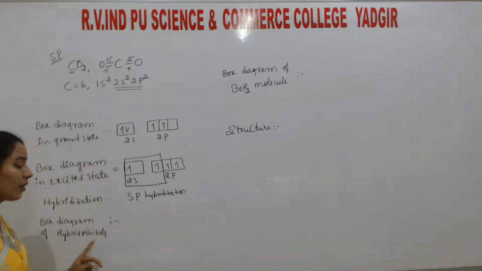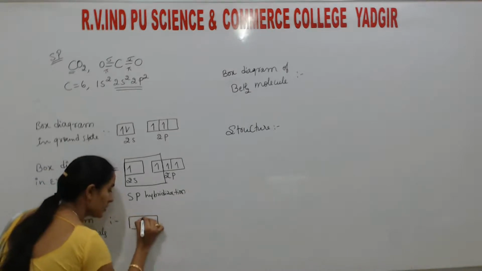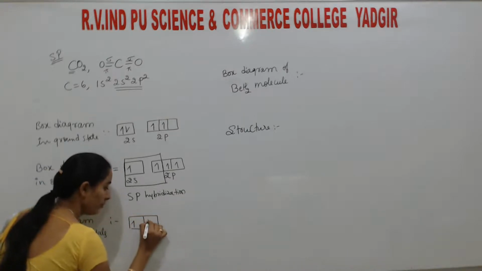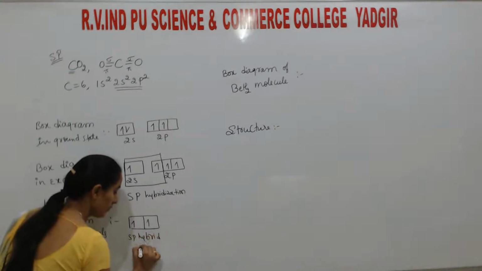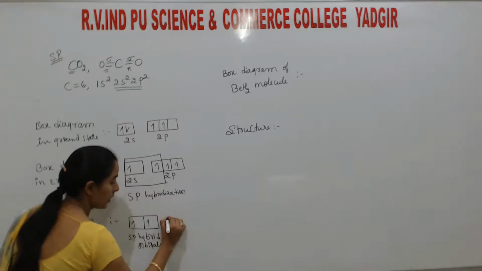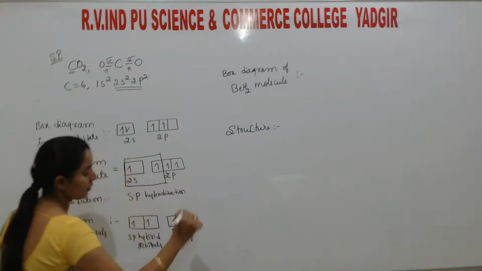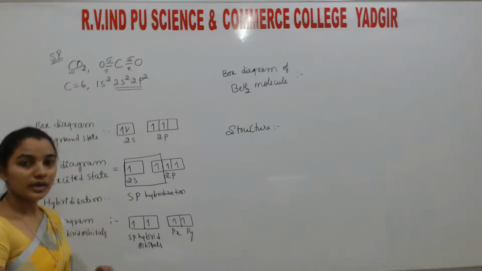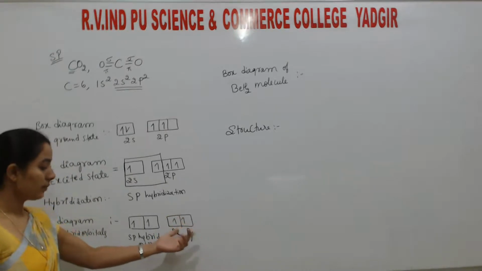Now, the box diagram of hybrid orbitals. Listen, this is the box diagram of the sp hybrid orbitals, and these are the p orbitals. This must be px and this is py, because as I told you, only the x and y axis p orbitals form pi bonds.